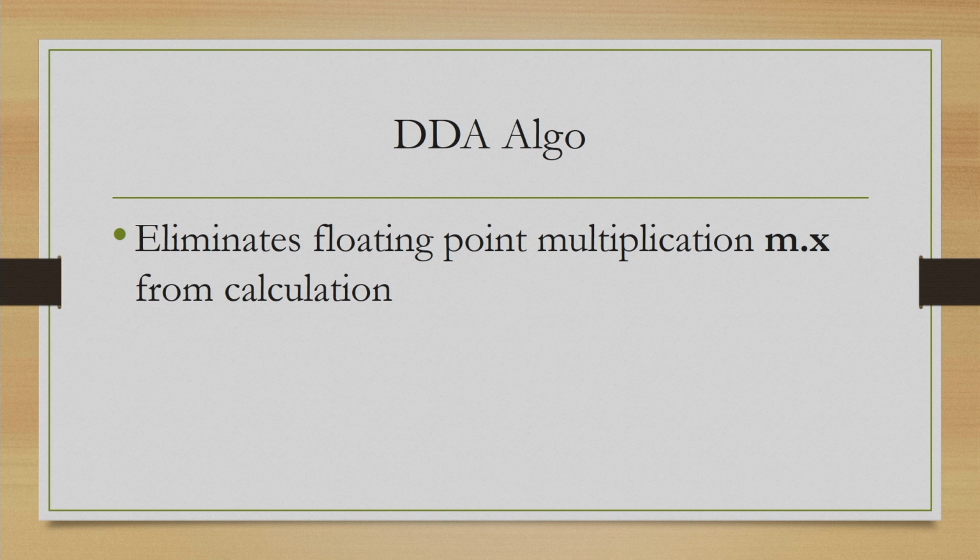What is the advantage of that? It eliminates floating point multiplication, which is involved in this computation, that is m into x. So, we can eliminate these calculations, which in turn is going to reduce the computational complexities.